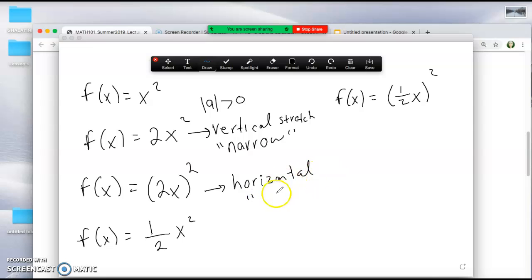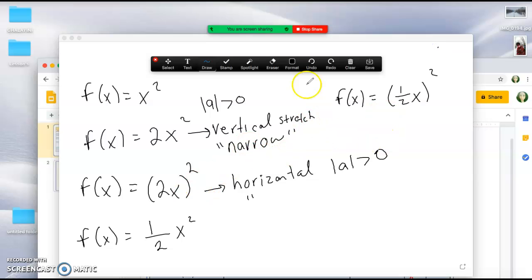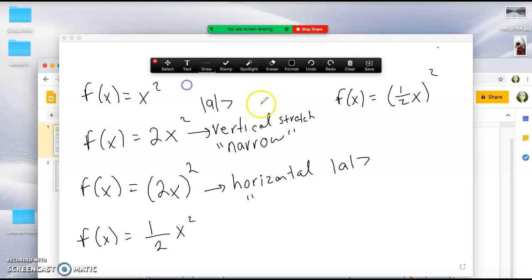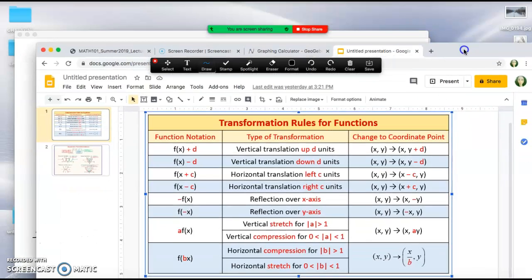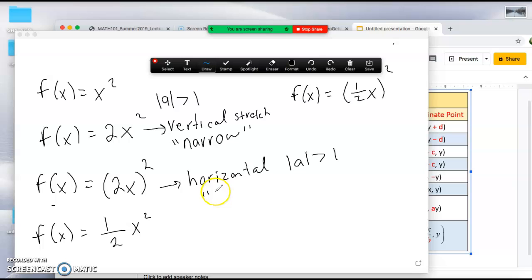In this case, our absolute value is greater than 1, so we have a horizontal compression.